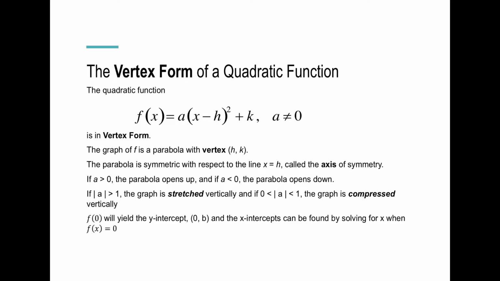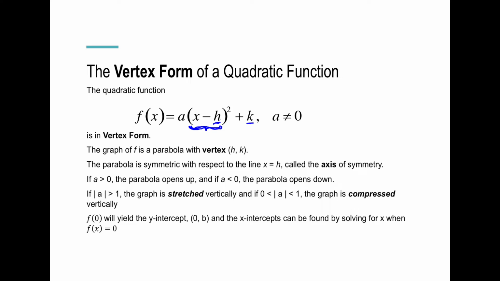The other form of a quadratic function that you guys have been exposed to, at least so far in our class together, is the vertex form of the quadratic function, where we have this part here that involves the square. We have it done such that we can see what the h and the k are.